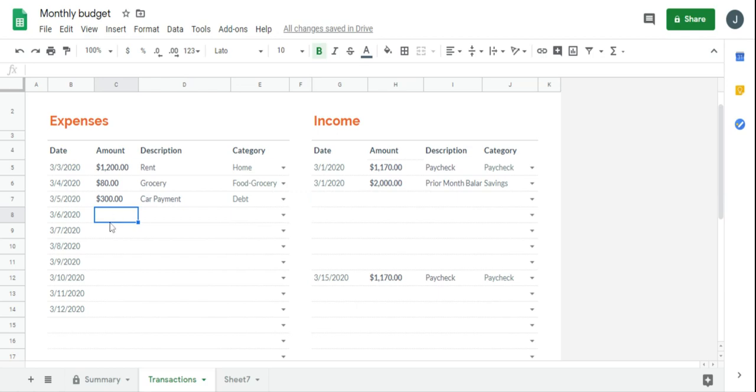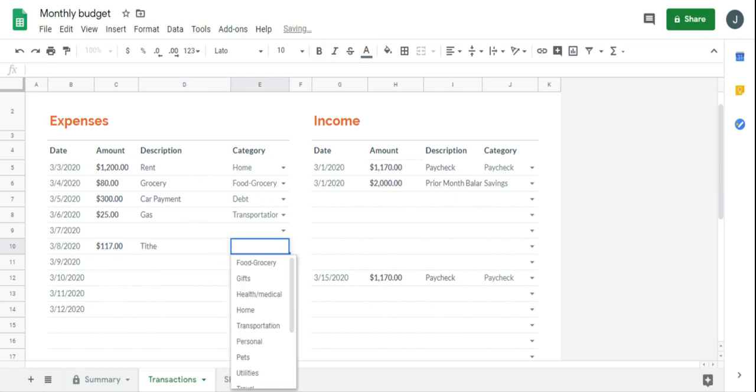And then travel, let's say you had to do $25 for gas, transportation, and then what day of the week would that be? Let's say the next one would be your tithe for that pay period. So we're plugging in the tithe for that. You put it under that category.